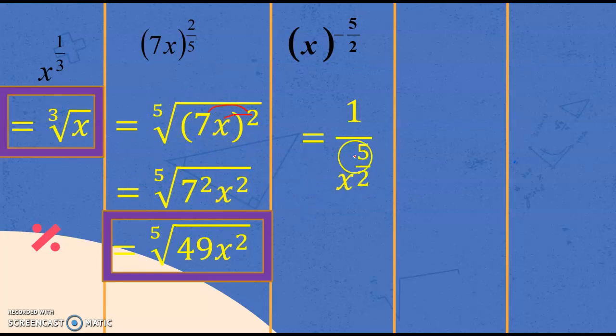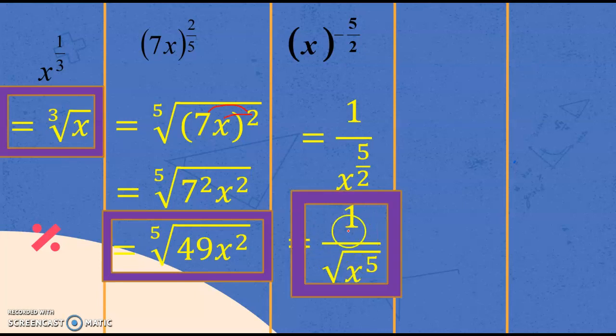So 1 over x to the power of 5/2. Then here is our root, and then our base is x, and then our power is 5. Since our root is 2, we don't need to write it anymore, right? But we have to write 5. Therefore, our radical form is 1 over square root of x^5.